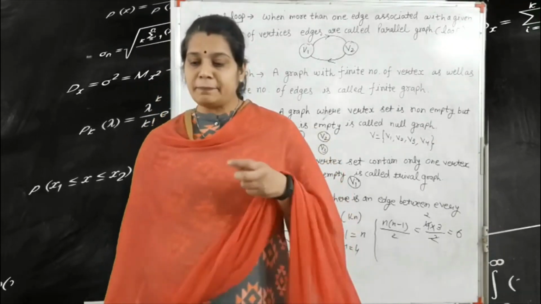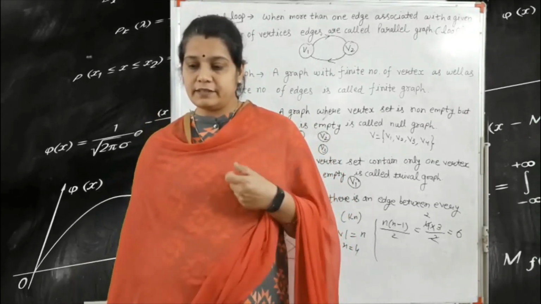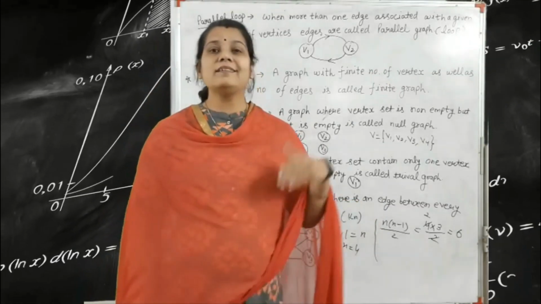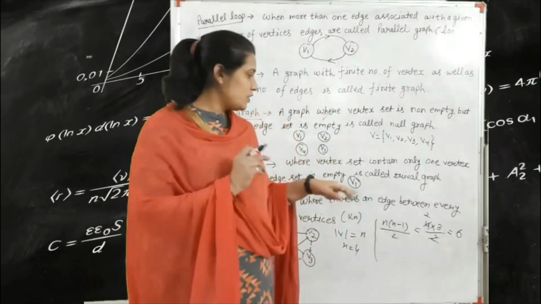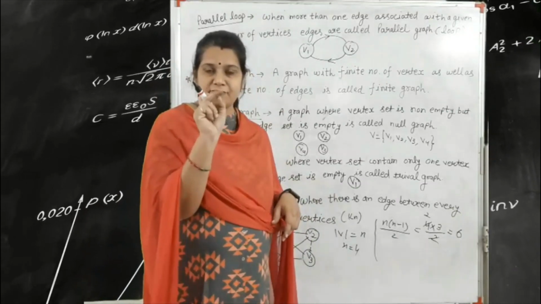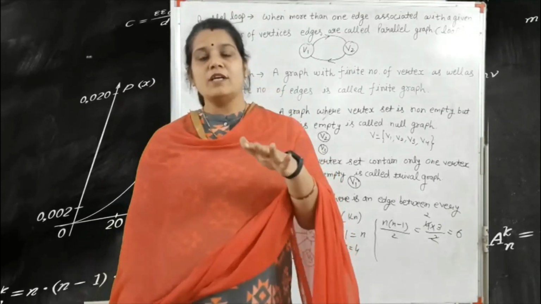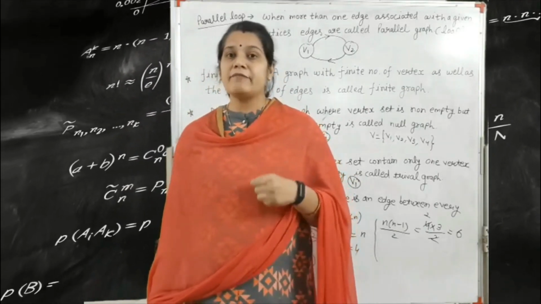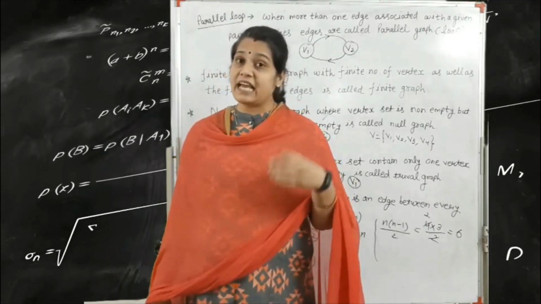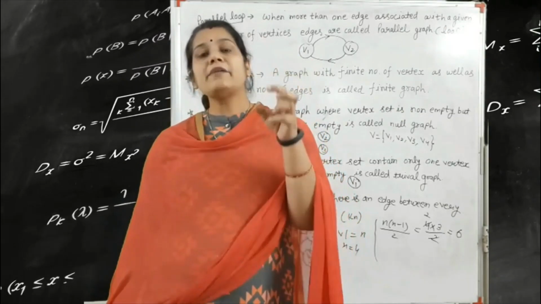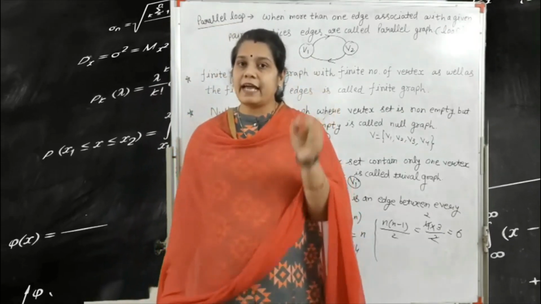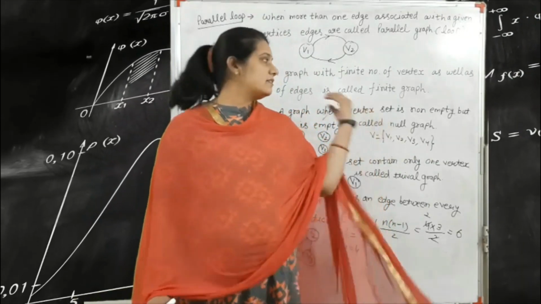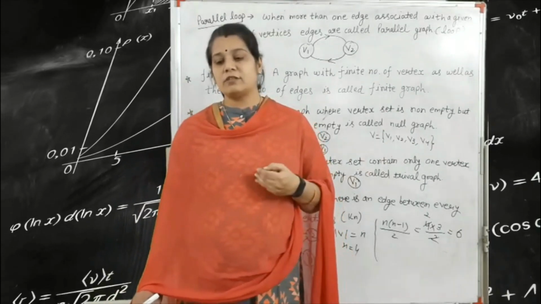In every complete graph, every vertex has n minus 1 edges. We write K with the suffix 4, that means K4, 4 vertices, and this is the complete graph. Every vertex has n minus 1 edges, where n is the number of vertices. So these are the different definitions in graph theory.